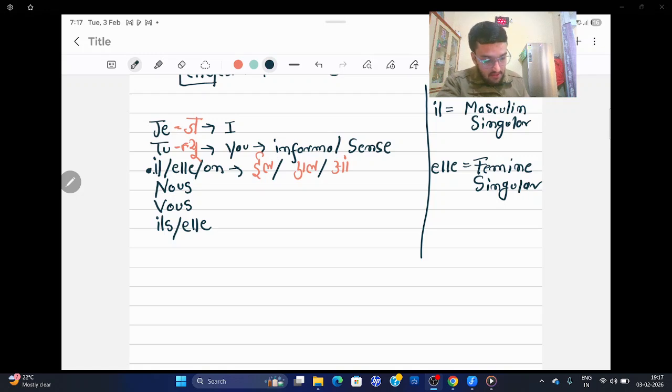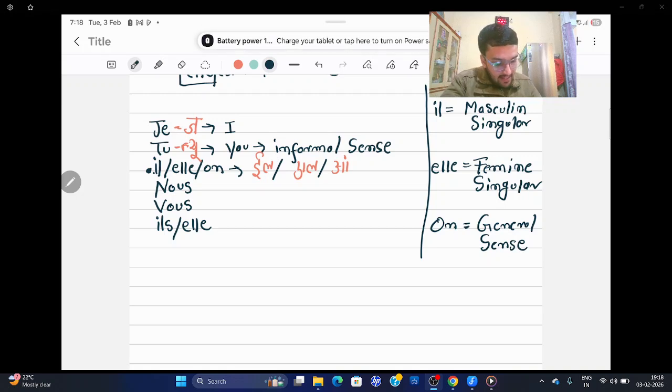And on is used not for a masculine or a feminine, but in the general sense. Okay. Il, elle, and on. Whenever we are using on, it's not clear if it's masculine or feminine. So on is used only in the general sense.